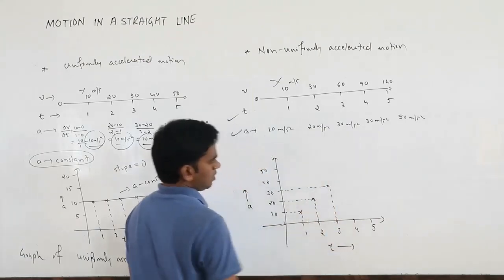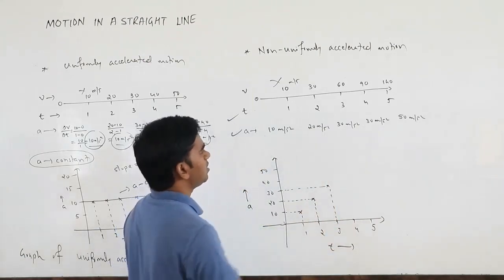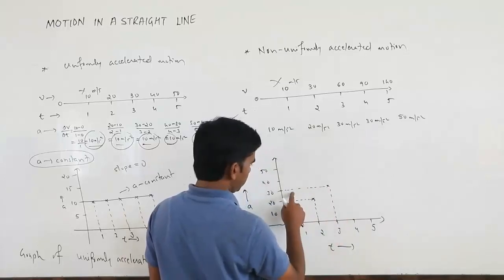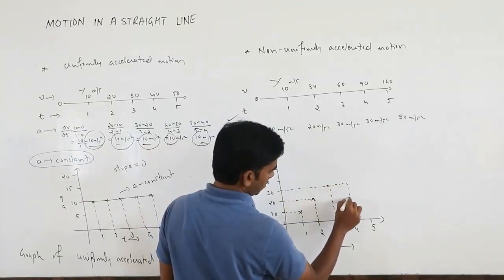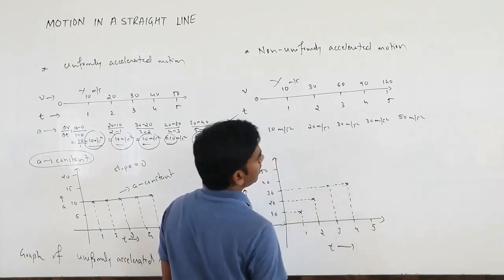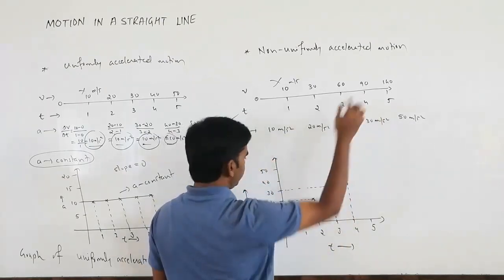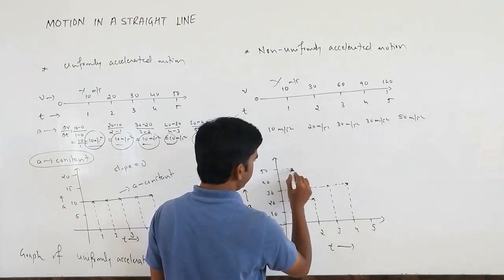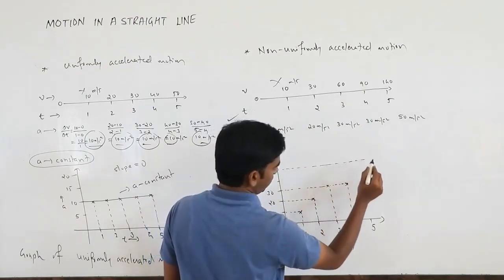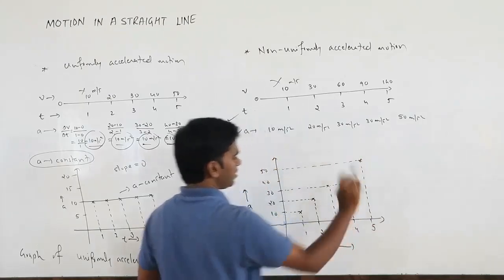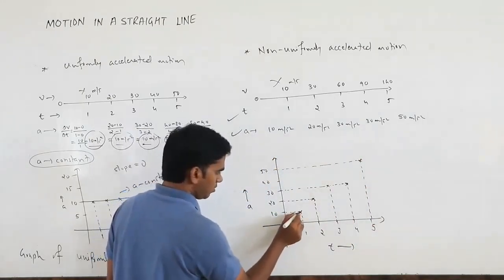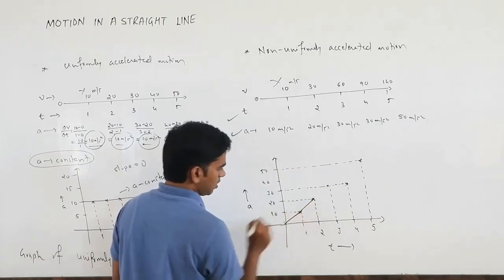For the 4th second, again it is 30 only. For the 5th second it is 50, so suddenly it comes to 50 over here. 40 is not there, no need to worry about that. If you join the points, this is what the line looks like.